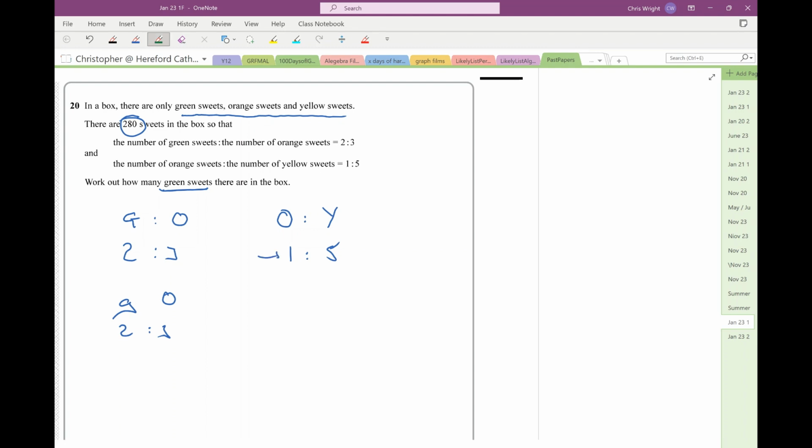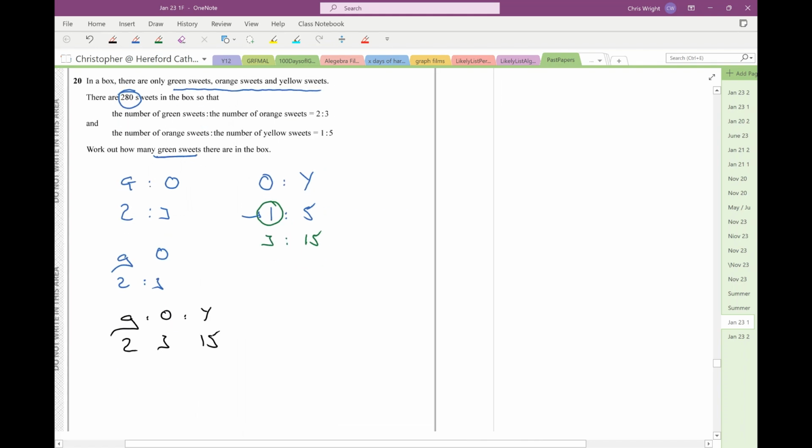Well, if I change this to a 3, multiply that one by 3, so multiply this one by 3, gives me 15 there, then I can combine my ratios. Green to orange is 2 to 3, and orange to yellow is 3 to 15. So look at that, I've combined the ratios now.